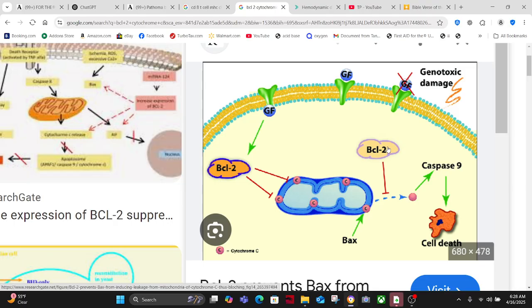The job of BCL2 is to stabilize the mitochondrial membrane so cytochrome C cannot leak out of the mitochondria. Because once cytochrome C leaks out, that's going to activate caspases and cause apoptosis to happen.